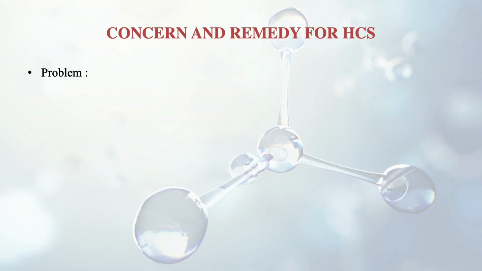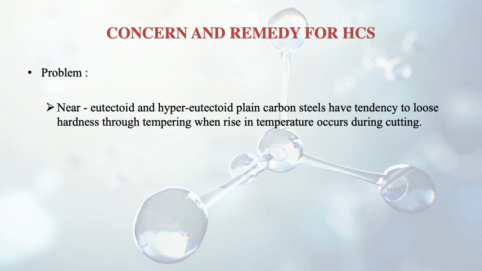Now we discuss some concern in this high carbon steel and what the remedy is. The problem that arises is with near eutectoid and hypereutectoid plain carbon steels. Eutectoid, you must recall from the previous sessions, was 0.8% carbon at a temperature of about 723 degrees centigrade.